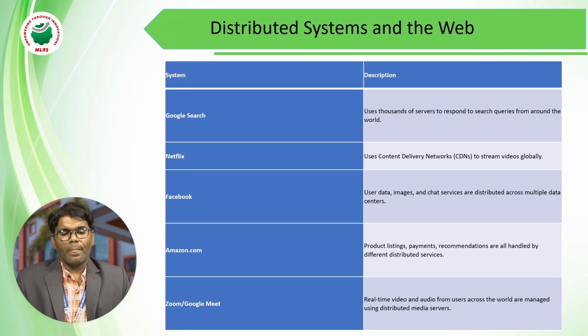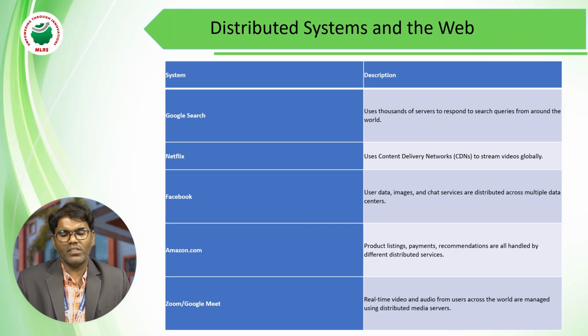Next, here are some systems and descriptions. First one, Google Search. It uses thousands of servers to respond to search queries from around the world. Second one, Netflix. Netflix uses content delivery to stream video globally. Next one, Facebook.